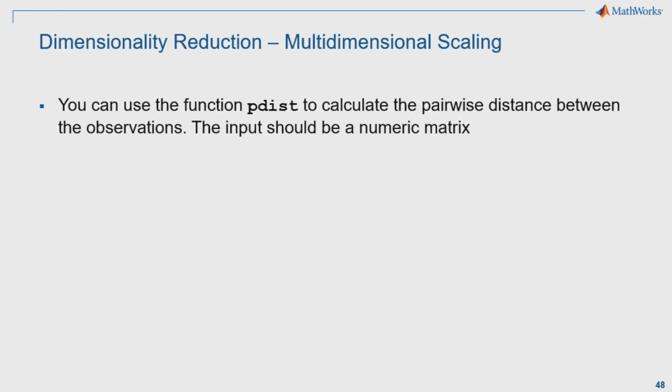So with MATLAB, using multidimensional scaling is possible after computing the distance matrix, as I said, using the pdist function. The pdist function takes as input our data matrix, and you should also give as a further parameter the kind of distance matrix that you want.